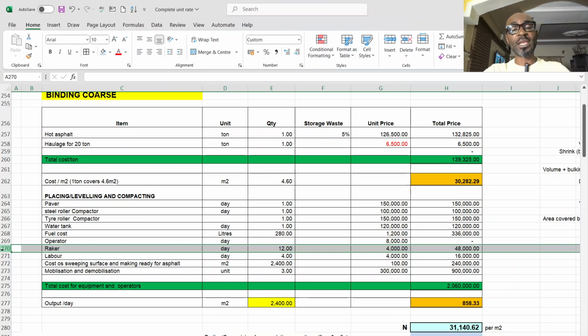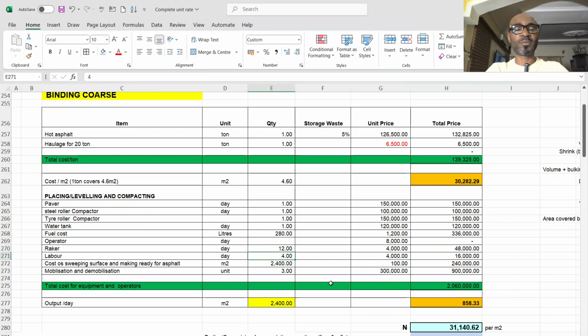Say you are going to engage 12 rakers that will be raking, shoveling, wheeling, moving the excess to the next place ahead of the paver. So you are taking 12 rakers and 4 laborers.